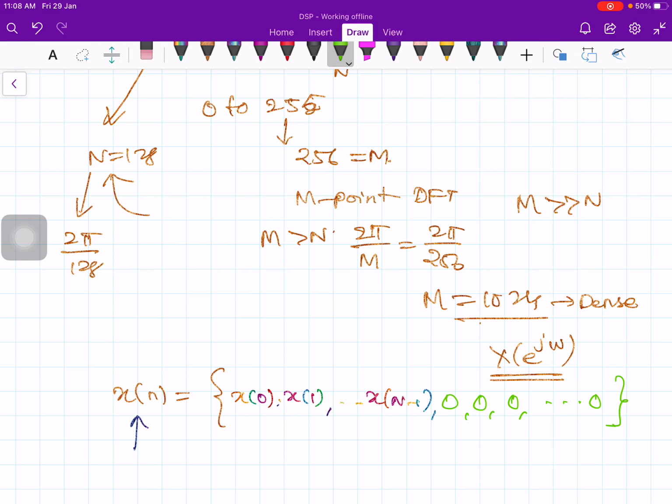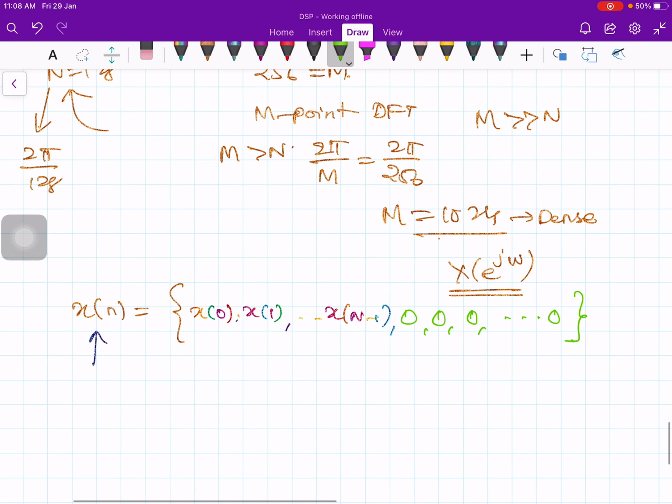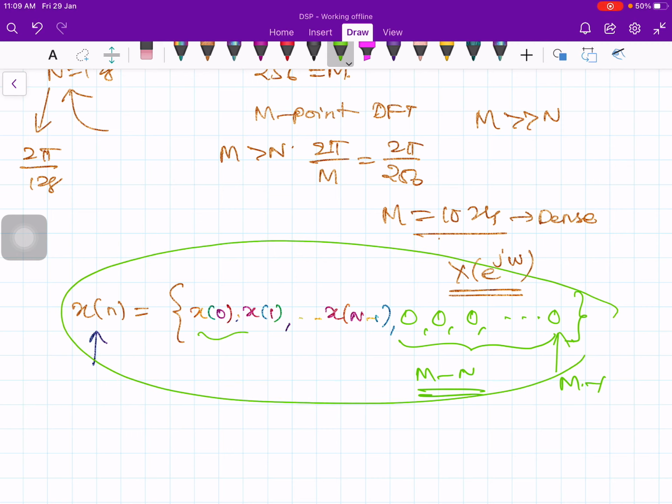How many zeros are you going to pad? This is the M point DFT, so M minus N zeros you must pad. So take this sequence: instead of taking x of 0 to x of N minus 1, you take from x of 0 right up to M minus 1. That's how you will calculate the M point DFT.